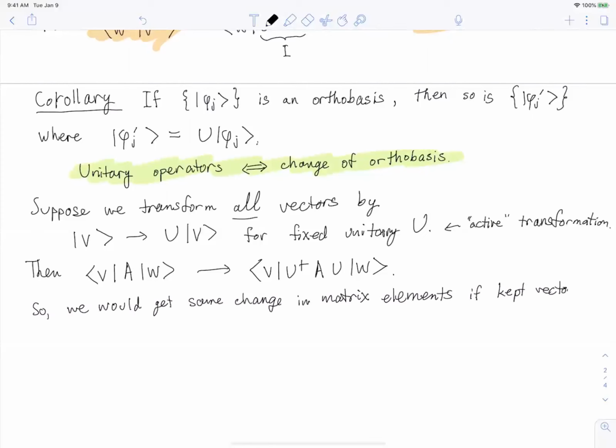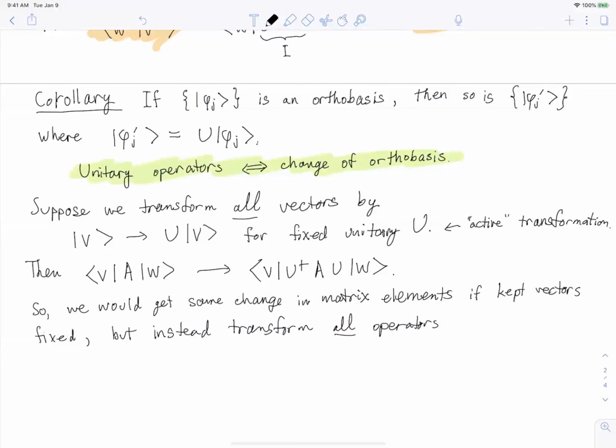The bras and the kets are fixed, and instead we transform all operators.